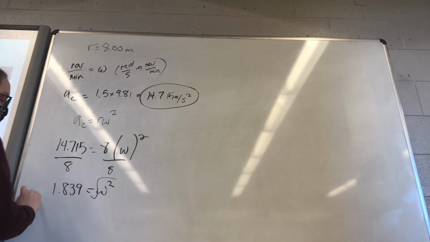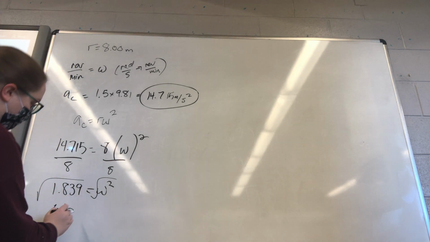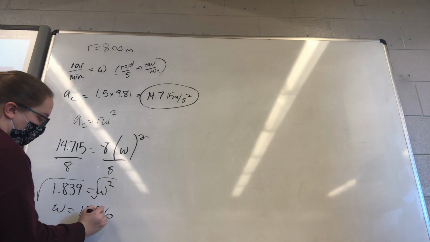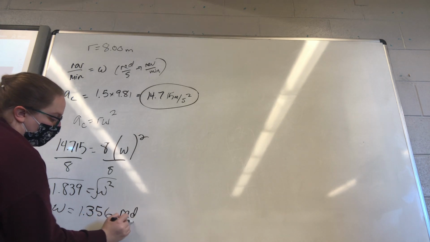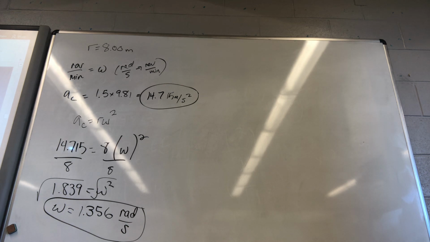And then I do square root. And I got W equals 1.356. And remember that W will always be given in radians per second when you're doing everything in the units you're supposed to.